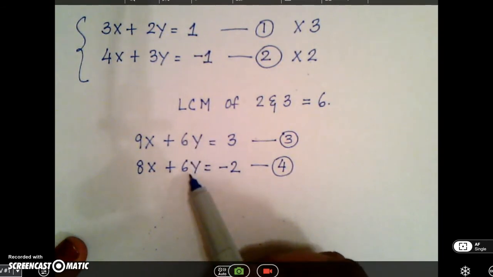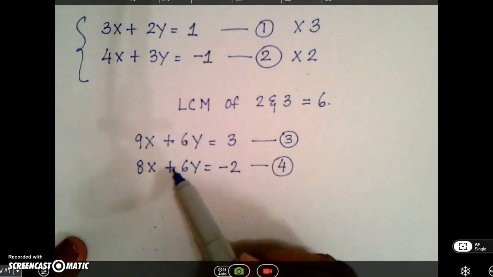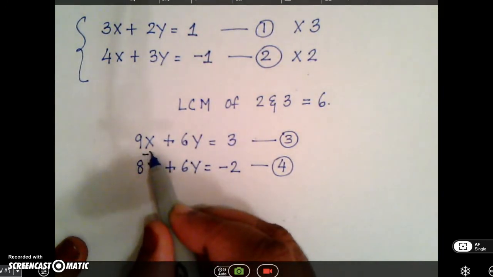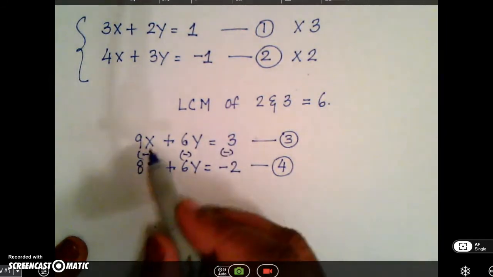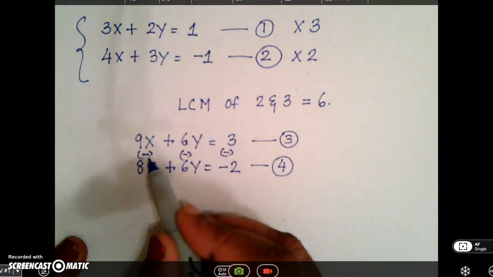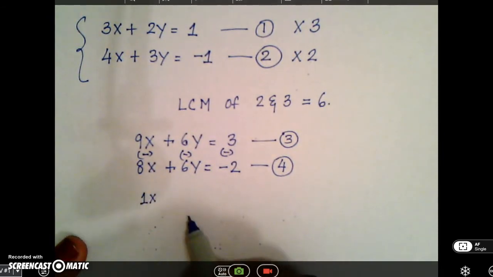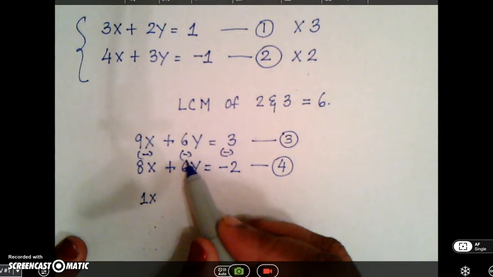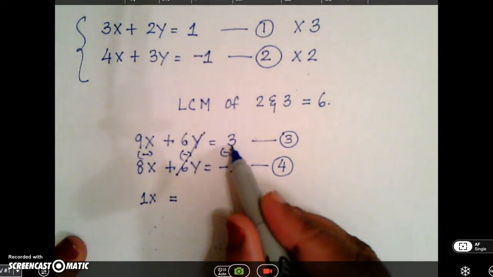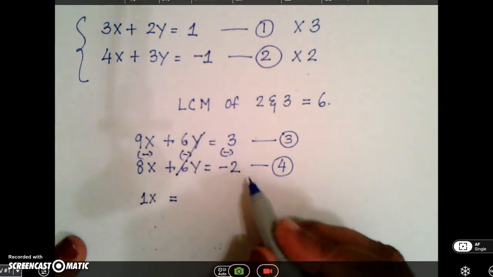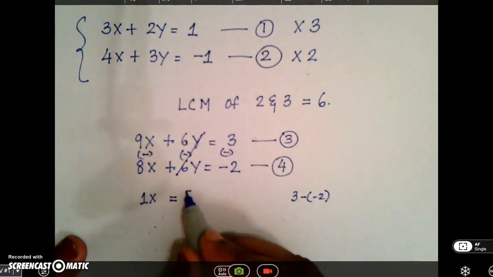So let's go ahead and try to eliminate the y. Now when I want to eliminate the y, I have the same number, the signs are same. So same number, same sign, I'm going to subtract. So 9x minus 8x is going to give me 1x. 6y minus 6y is going to eliminate that. 3 minus negative 2 is going to give you a 5.